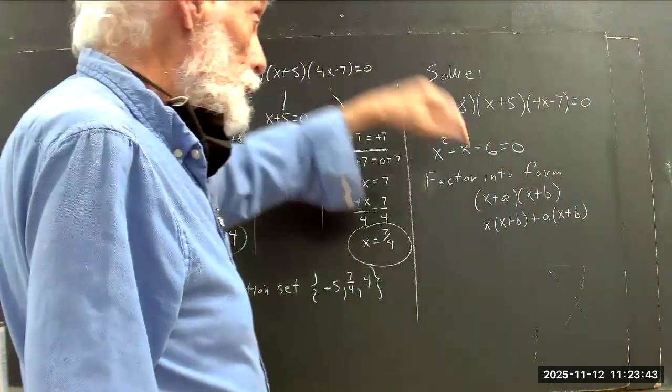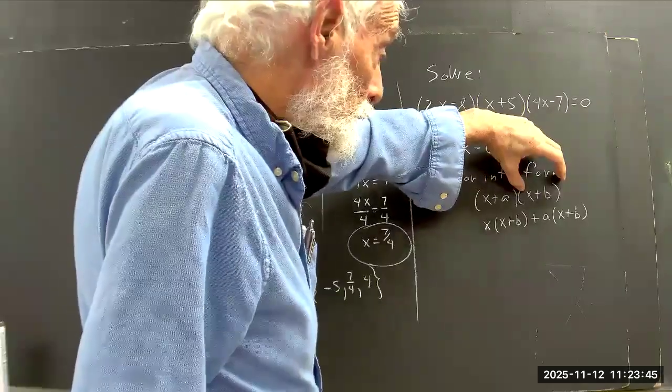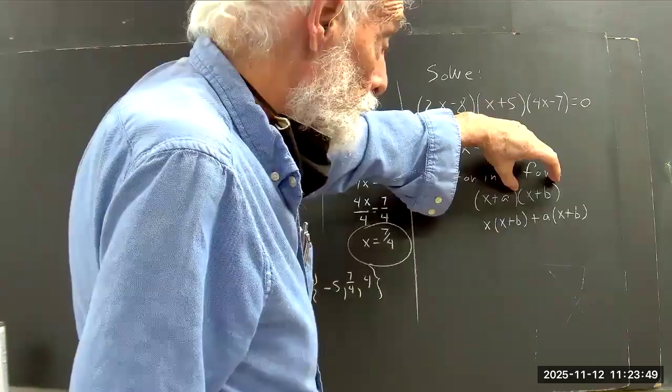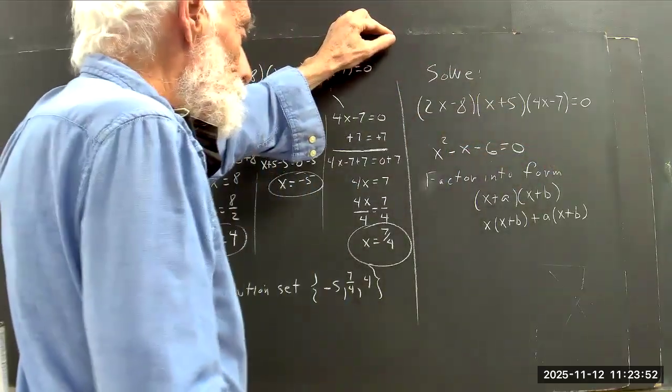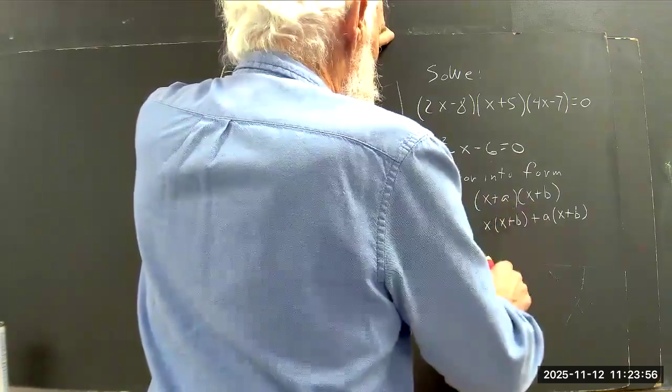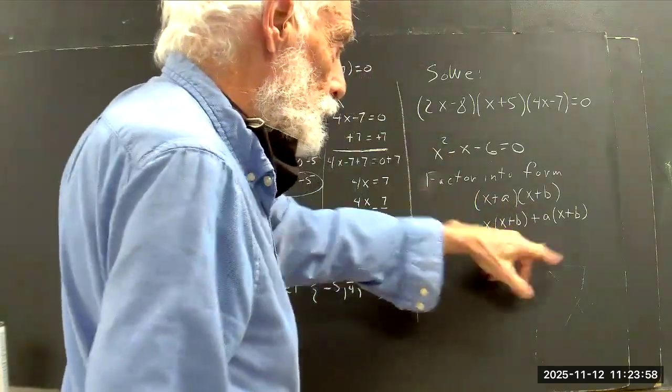The distributive law tells us that this multiplies everything here, and that this multiplies this factor. The x multiplies the x plus b, the a multiplies the x plus b, and that's exactly what I've written.